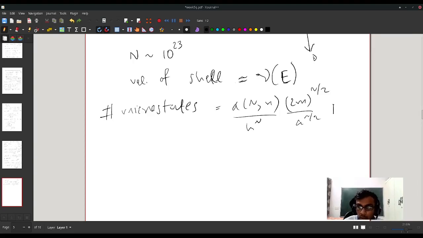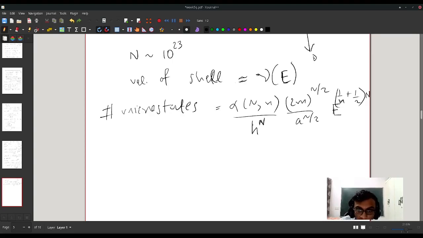Sometimes the most important factor in this equation, 1 by n plus 1 by 2 times capital N. So what can we do, or what can we calculate without knowing alpha?